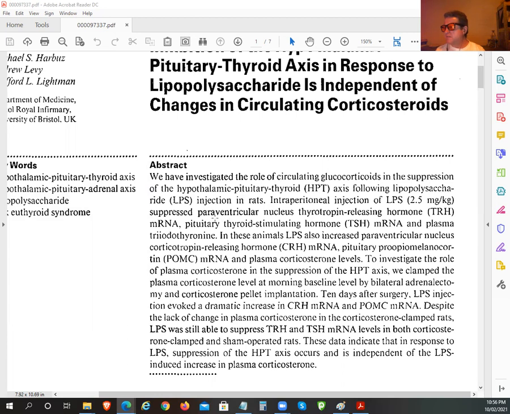which suppressed periventricular nucleus, which is the neurons in the hypothalamus, and thyroid releasing hormone, which is the TRH.